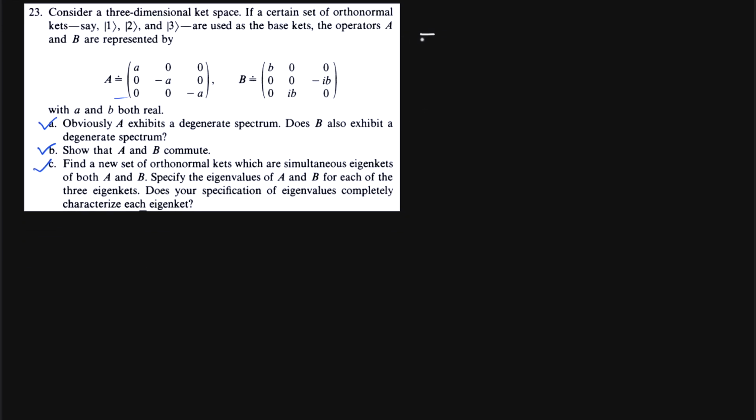First, let us take |1> in column matrix form: |1> is represented by (1, 0, 0), and |2> is represented in column matrix form as (0, 1, 0), and |3> is represented by (0, 0, 1).